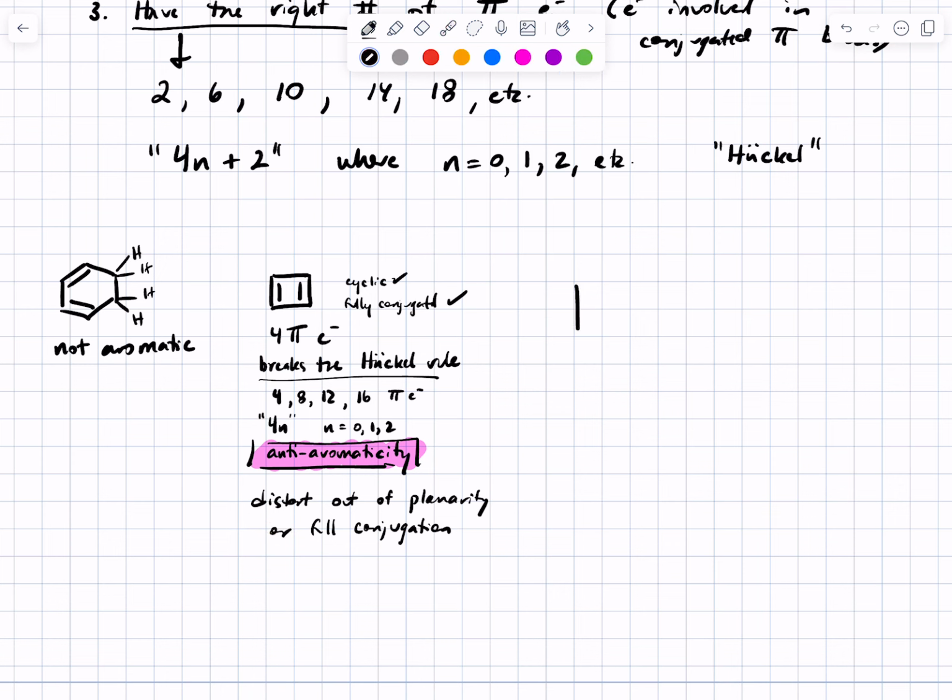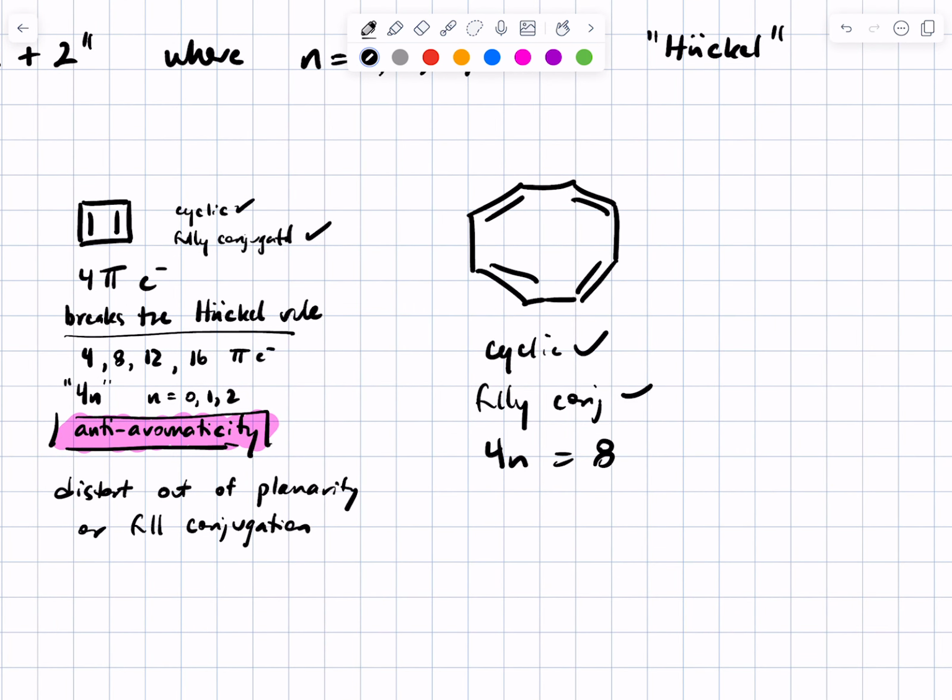Another classic example of this is the stop sign molecule, cyclooctatetraene, which has 8 pi electrons. So it checks the boxes of being cyclic and fully conjugated, but it has 4n equals 8 pi electrons. So it would be anti-aromatic.